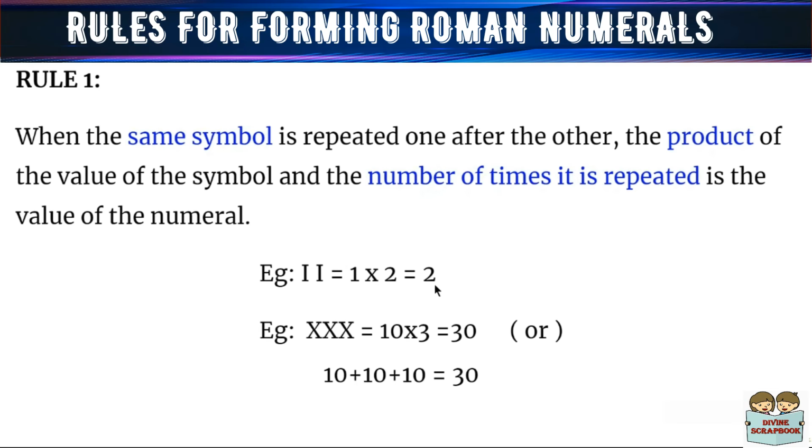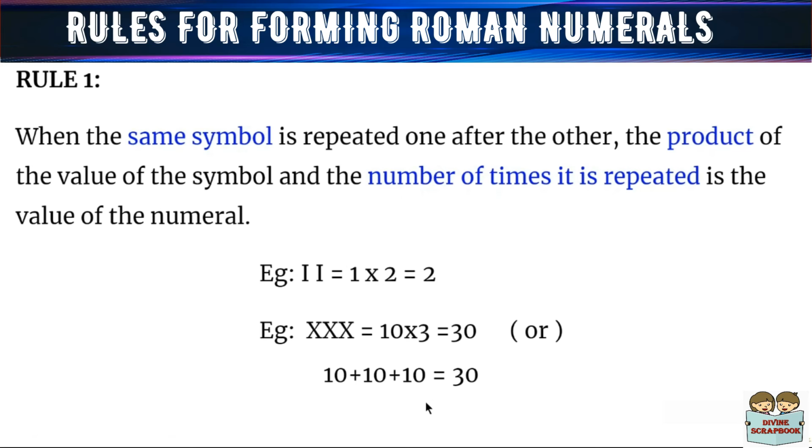Let me give you one more example. XXX. Here X is written thrice and value of X is 10, in Roman numeral. So we have to multiply 10 with 3. We'll get 30, or we can add 10 thrice and we get the same, 30.